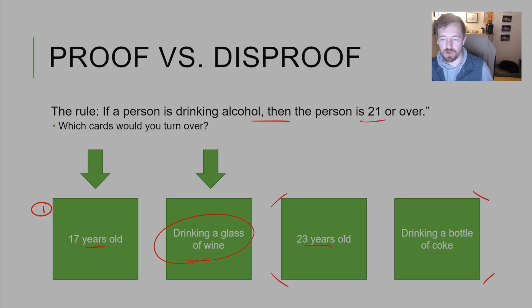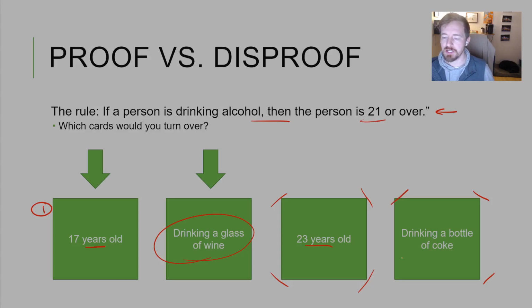But what if we flip this over and they're drinking Coke? Does that disprove this? It actually doesn't, right? What we're saying is that if a person is drinking alcohol, then that person is 21 years or over. So, if they're not drinking alcohol, if I flip this over, then it has no bearing whatsoever on this hypothesis. It's totally irrelevant. Even though it feels like it might be relevant, it's actually not relevant.